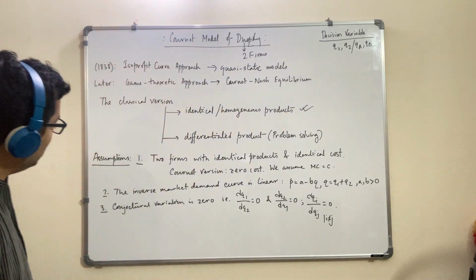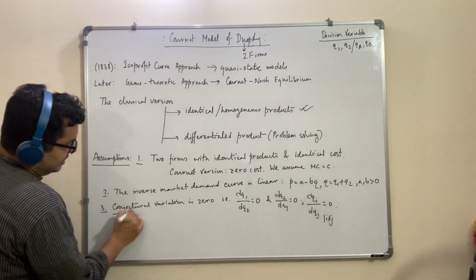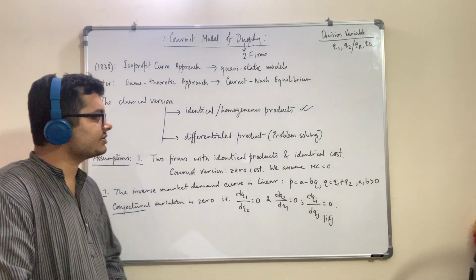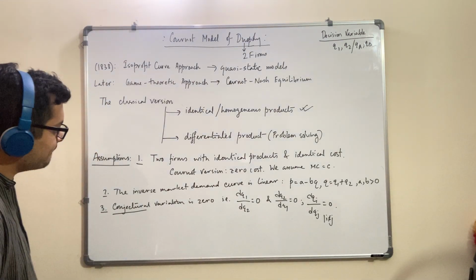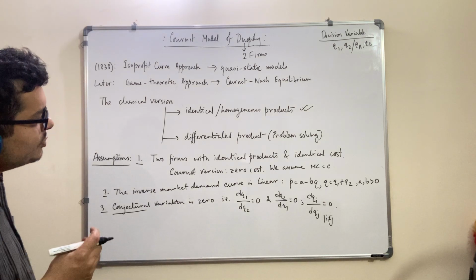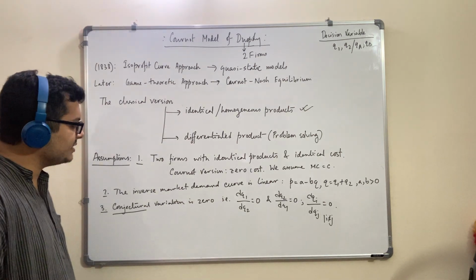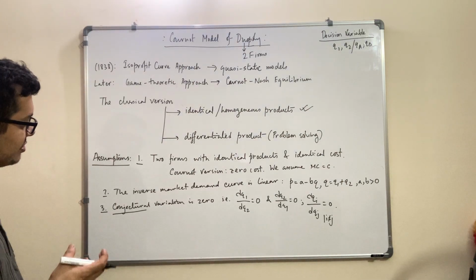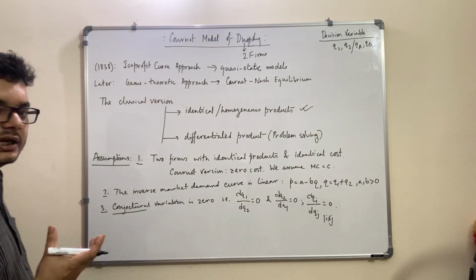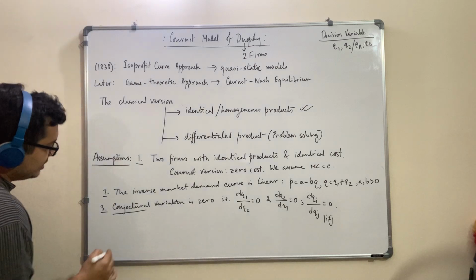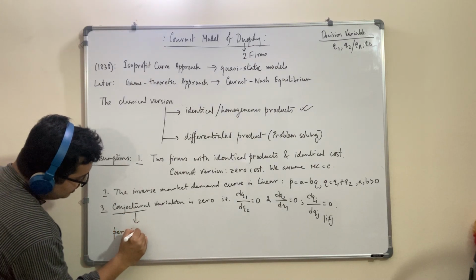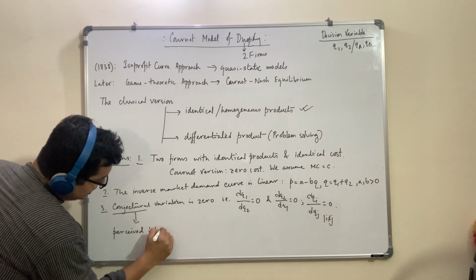What is it? First, let us look at the word conjecture. Now, conjecture is not a theorem. Conjecture means you think that it will happen, but you cannot prove that it will happen always. To give a clear idea of what this is, in oligopoly, we talk about perceived interdependence.